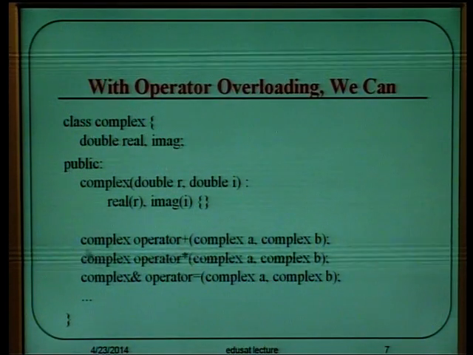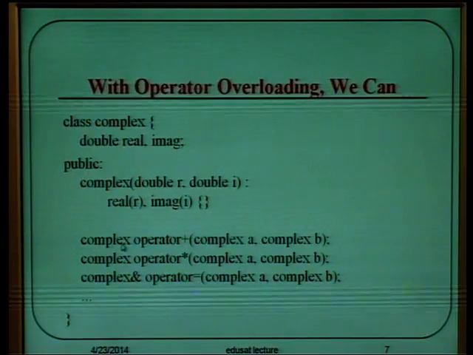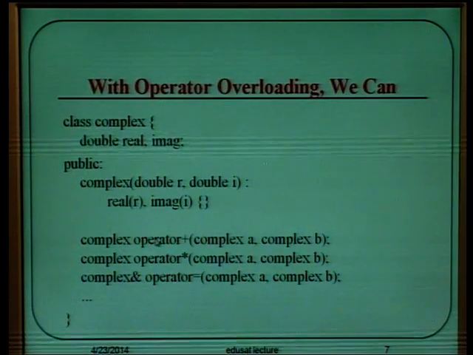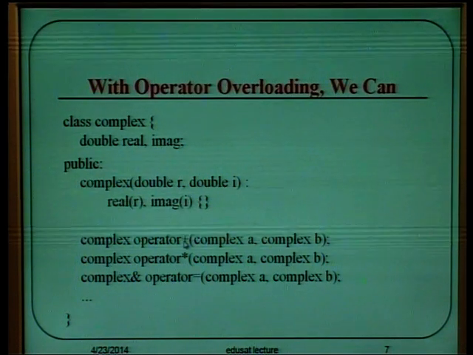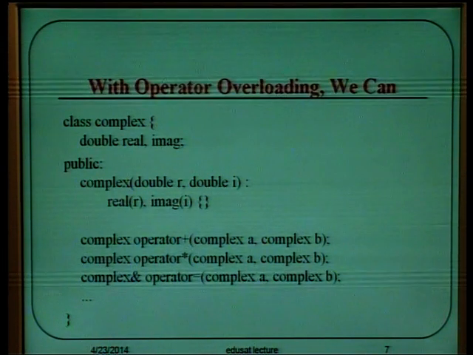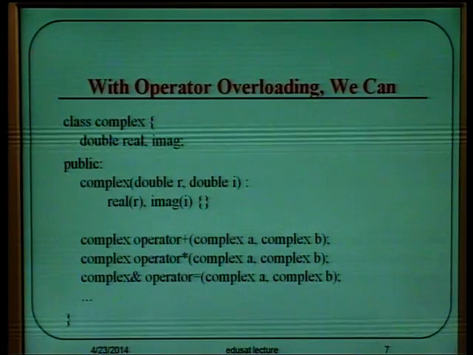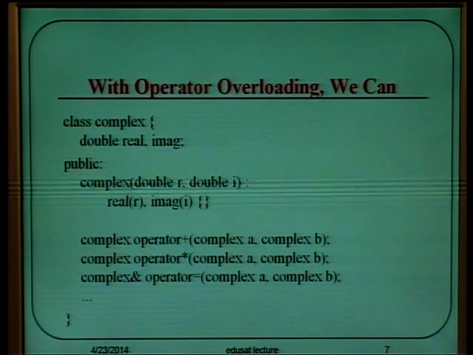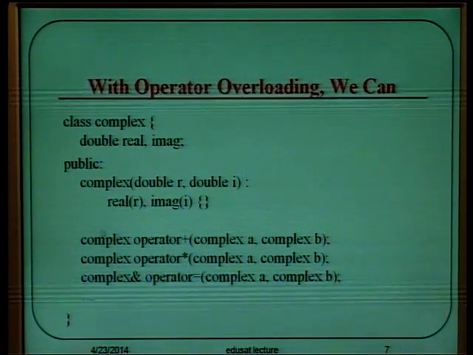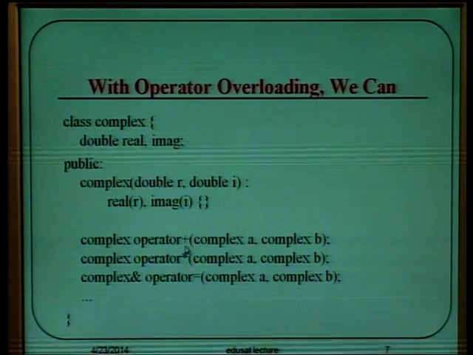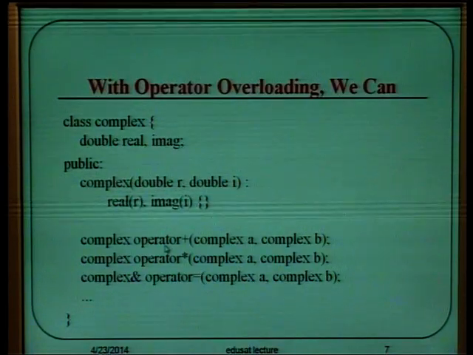Here is the syntax: complex is the return data type, operator is the keyword, and here we place which operator we want to overload. What type of operator we want to overload, we place here after the operator keyword.